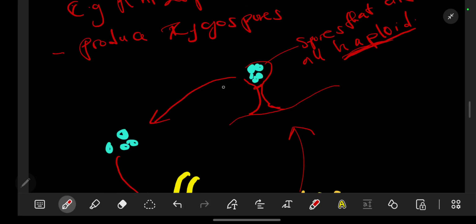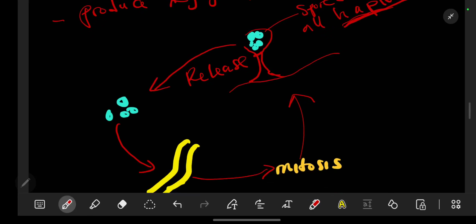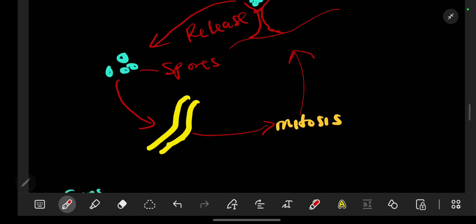They release the spores like that. These are our spores. Then the spores grow and become hyphae. Other books will tell you mycelium, but remember, mycelium is just a lot of hyphae coming together to form a structure called mycelium.